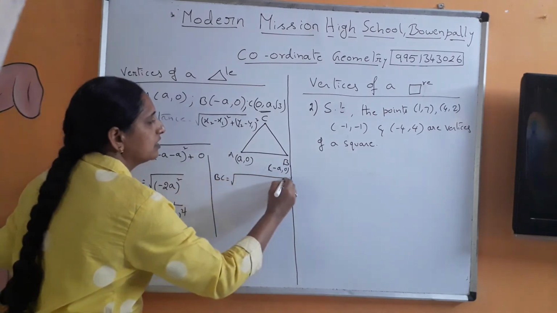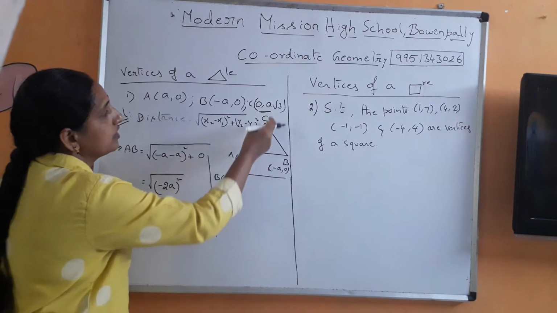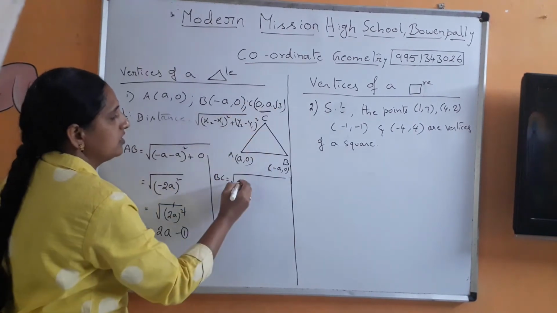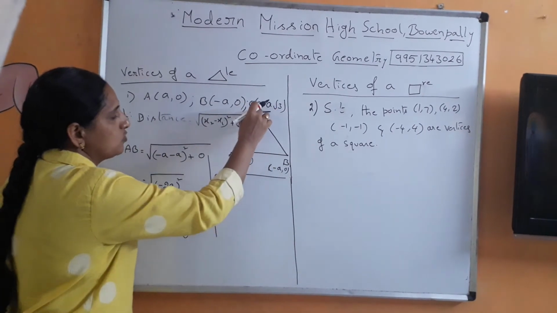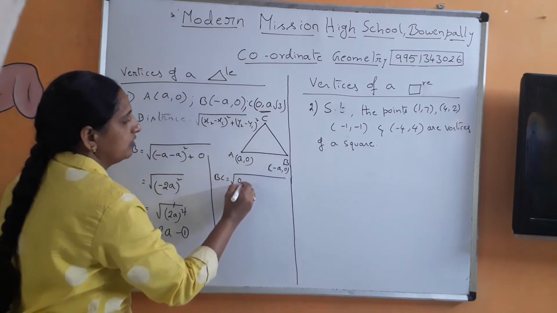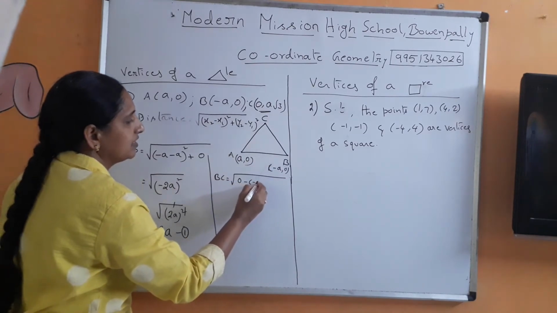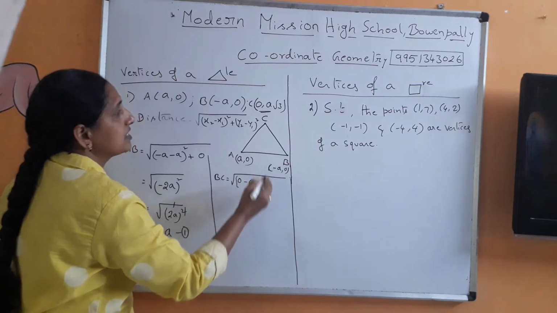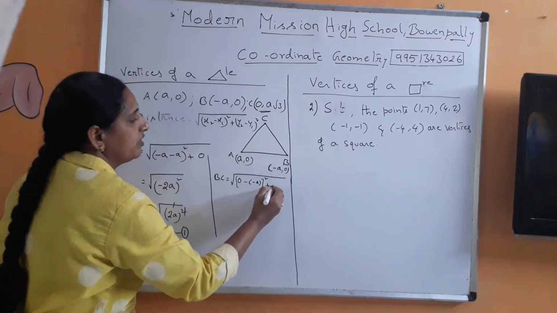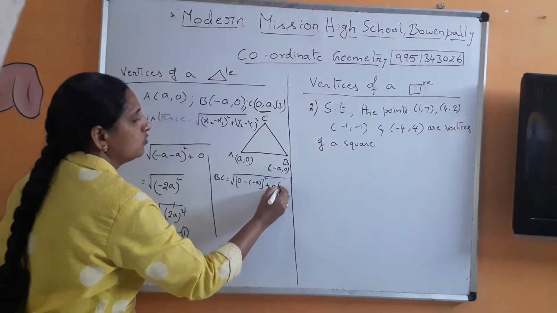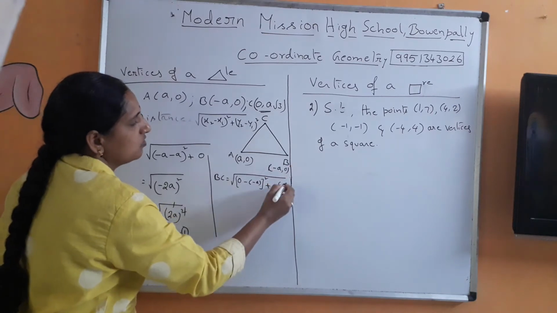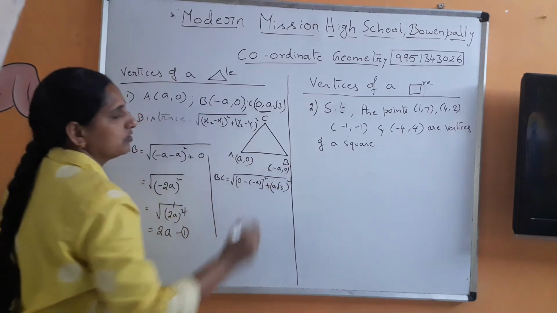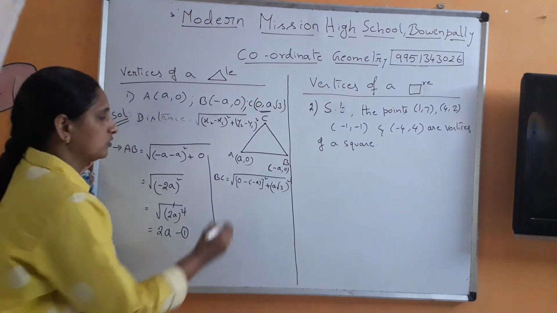So BC, I'm directly substituting. x2 is 0, x1 is minus a, so 0 minus of minus a whole square, plus y2 minus y1, so a root 3 minus 0. You can take a root 3 whole square.